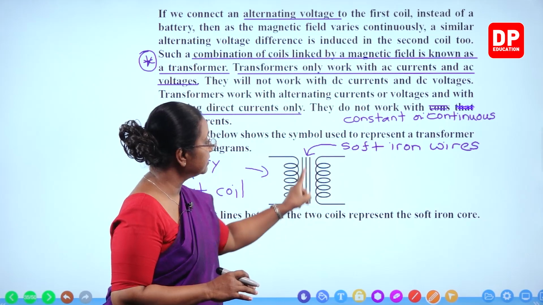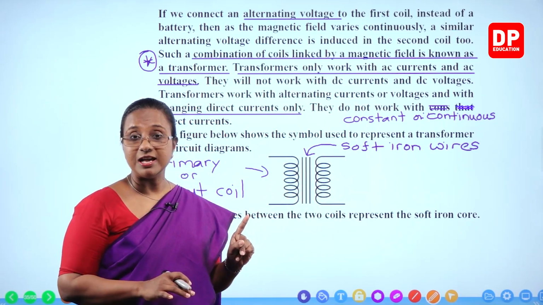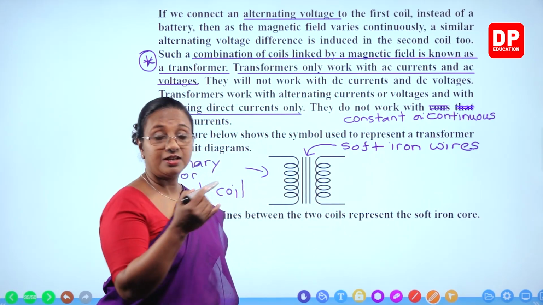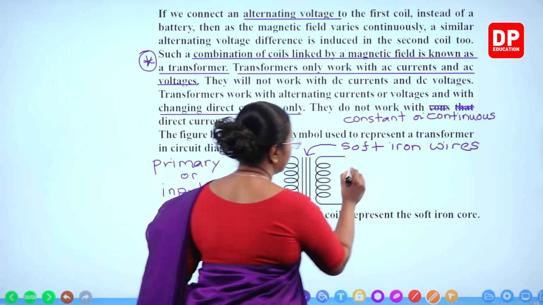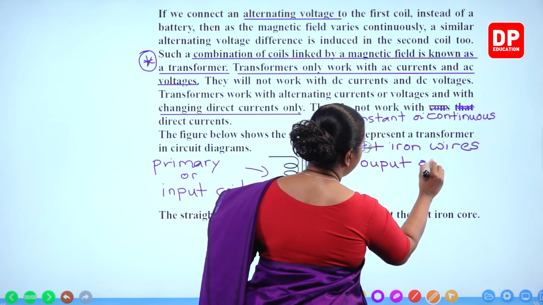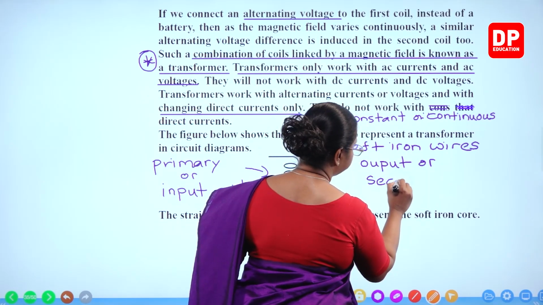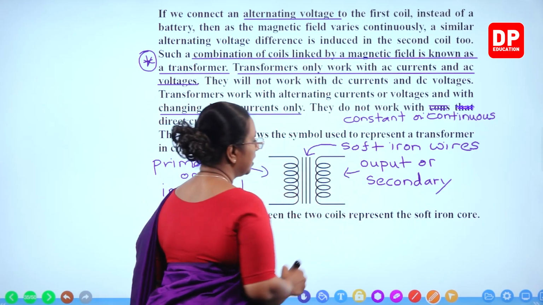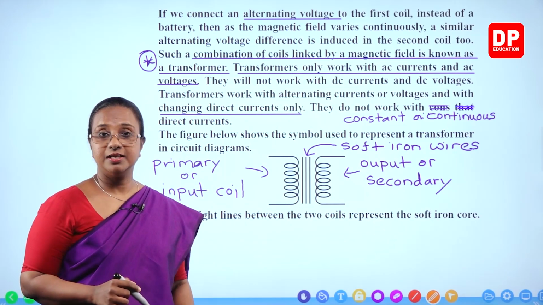Then the 3 lines represent the soft iron wires. And this coil, the second coil, you saw the second coil also in the activity. So that is the output or secondary coil.